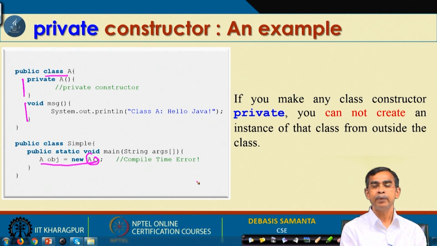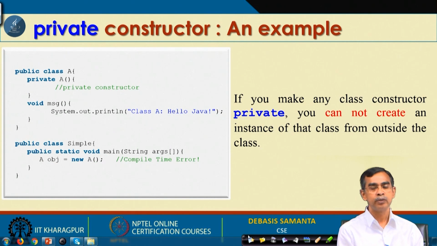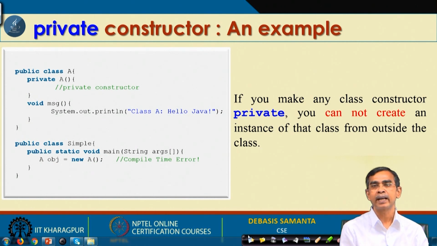That means, if you declare a class as public, but its constructor as private, then no one can create any object of that class. So, usually this is a very hard rule. If you want to make a class public, you should not create a private constructor.